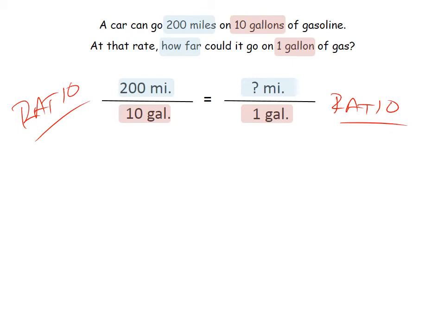Now when you have two ratios separated by an equal sign, together they're referred to as a proportion. And a proportion is true only if both ratios express the same relationship.